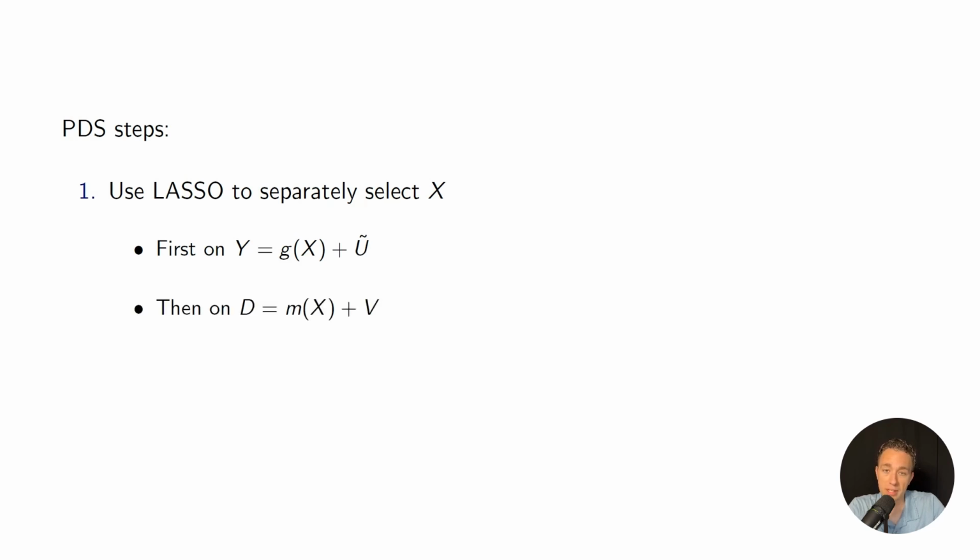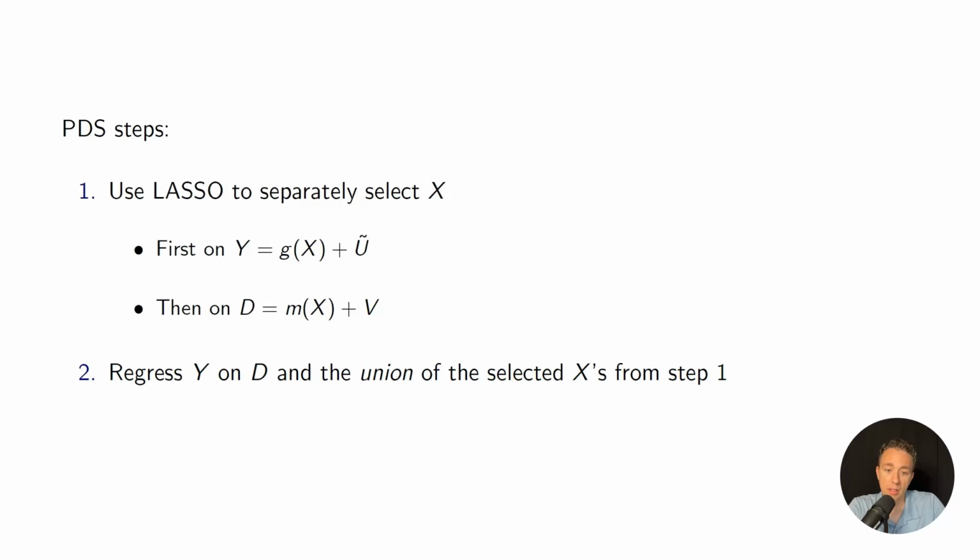Then we're going to select the x's that matter for treatment in our selection equation. And then we're going to take the union of the x's that were selected in each of those equations and put those on the right-hand side along with D, and then just run a regular regression of y on D and those selected x's.